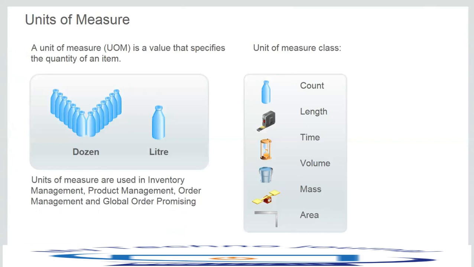The various types of unit of measure classes are count, length, time, volume, mass, and area. So we can define units of measure for tracking, moving, storing, and counting items. The units of measure is used across the various products of Fusion applications.